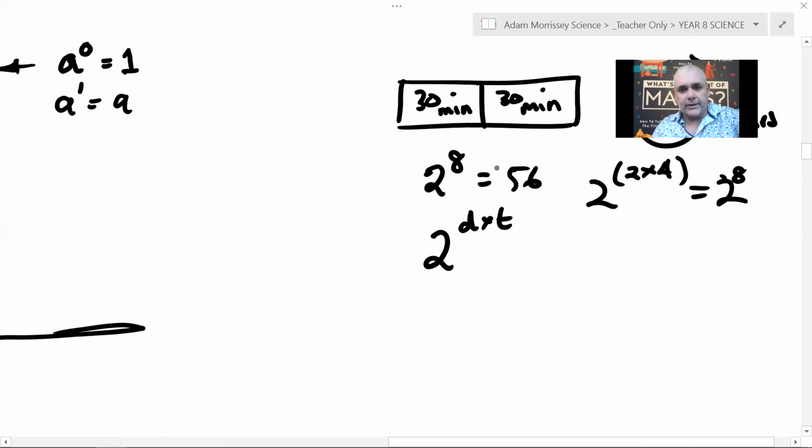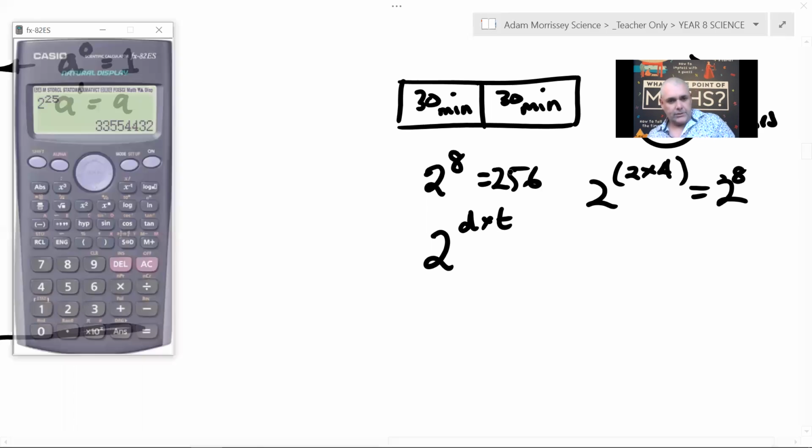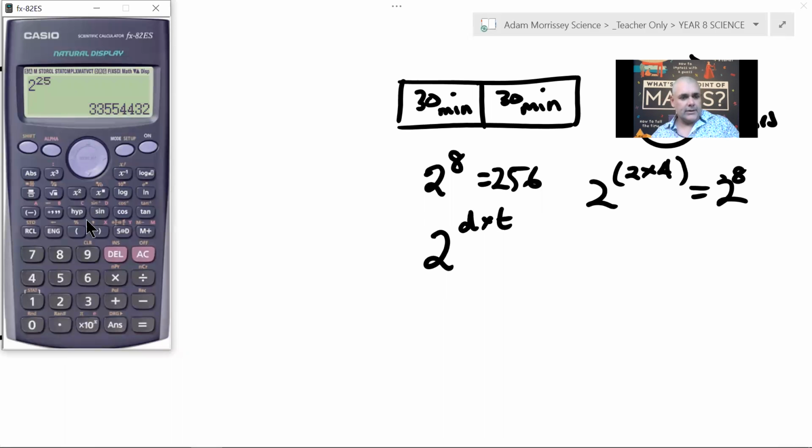Again, 2 to the power of 8, I think it was 256, just might need to check that. And this is a teaching moment where you can teach students how to use their calculator a little bit more programmatically and set up the same thing.